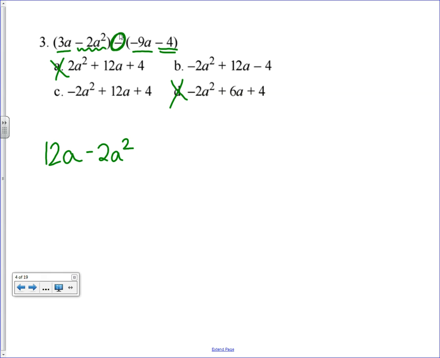Does everybody see how it's after the minus sign? So minus a minus turns into positive 4. That's where it's tricky, which tells me my answer should be letter C. Subtraction problems are where you have to be careful with this. Everybody good? Got a couple more of these, right?